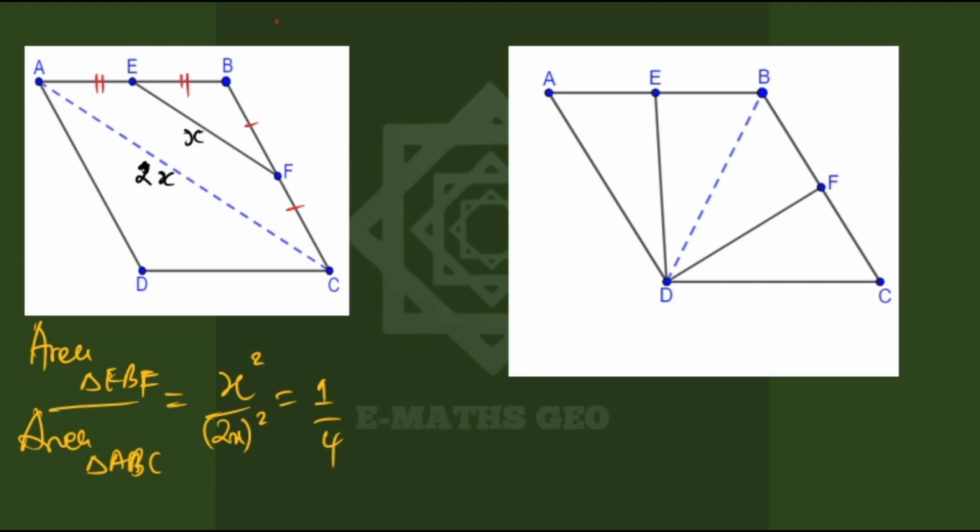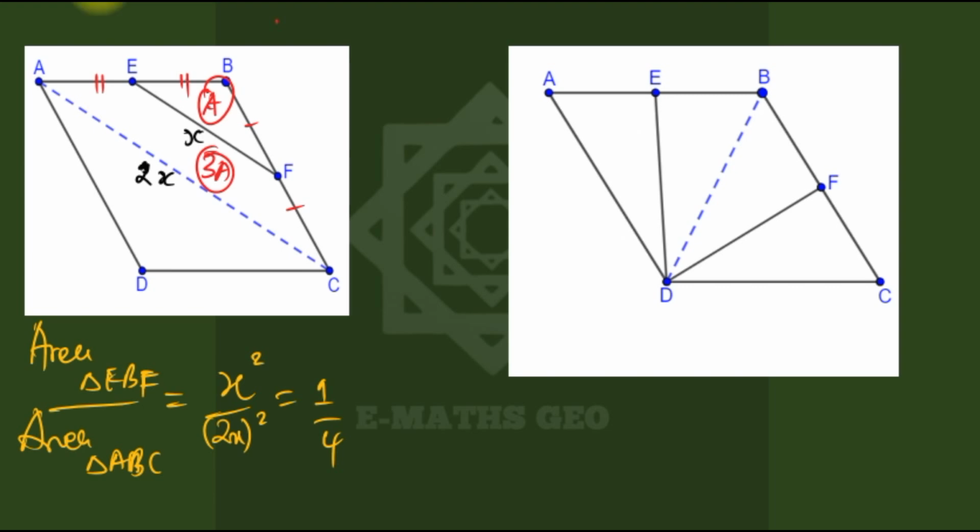So by implication, if the area here is A, the remaining will be 3A, so that the total area will be 4A. That's the ratio, 1:4.